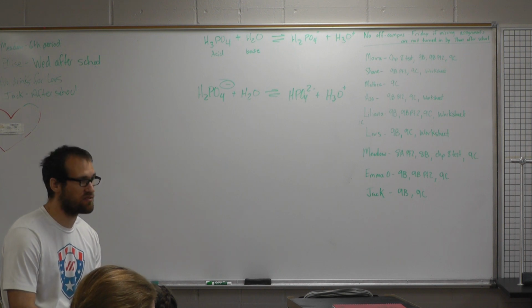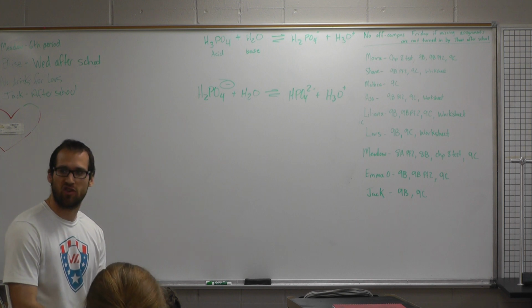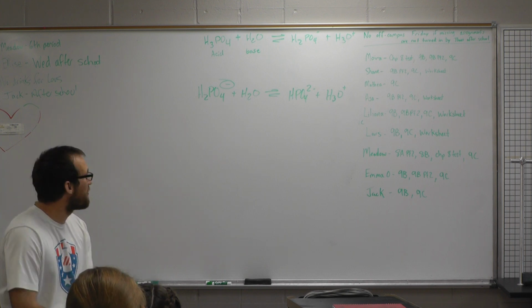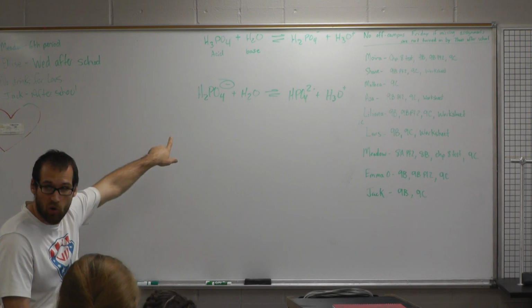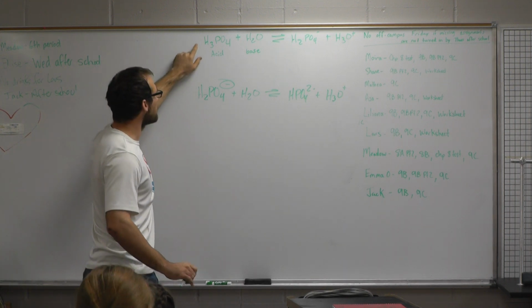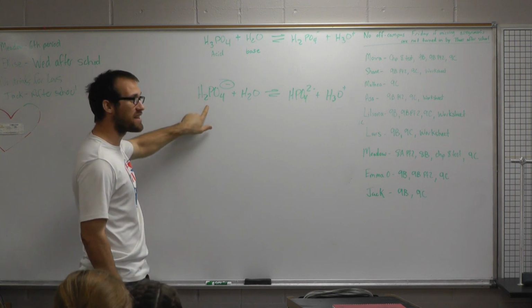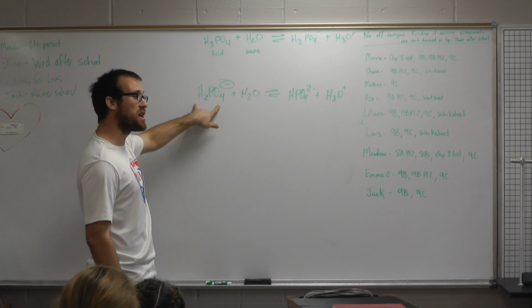No, because what do negative and positive things do to each other? They attract. So it's more difficult to take another hydrogen away from this because you've got a negative charge and it's going to hold on to the hydrogen a little bit tighter. That's why this is going to be a stronger acid than this. So this is now significantly weaker.